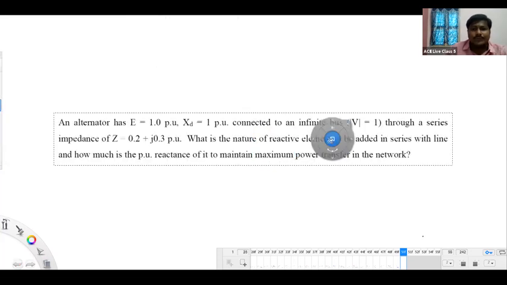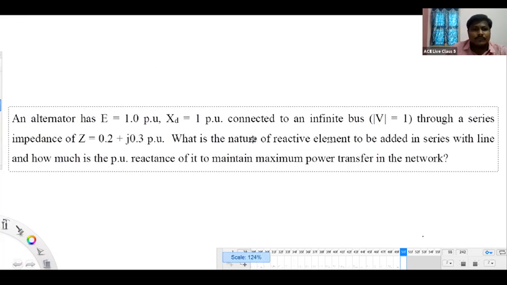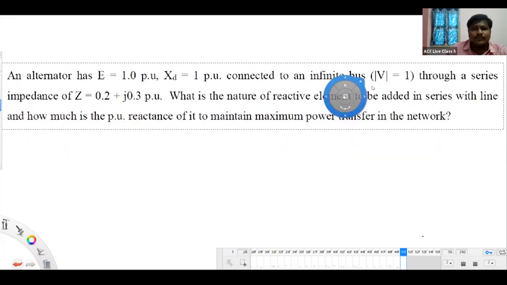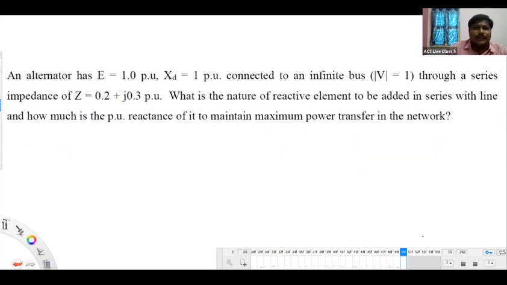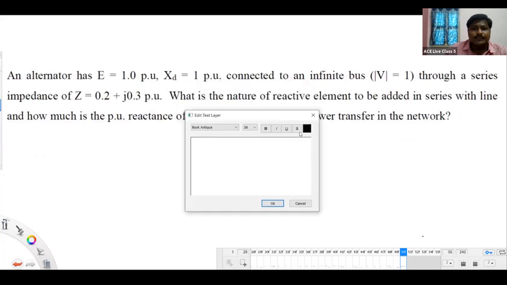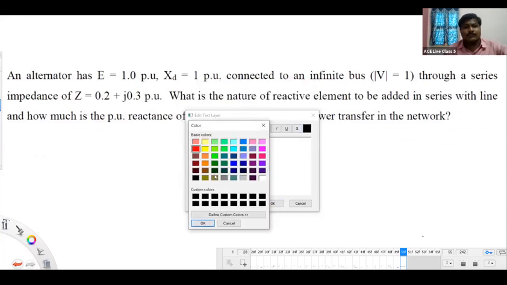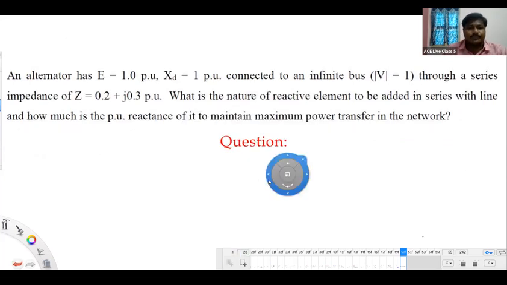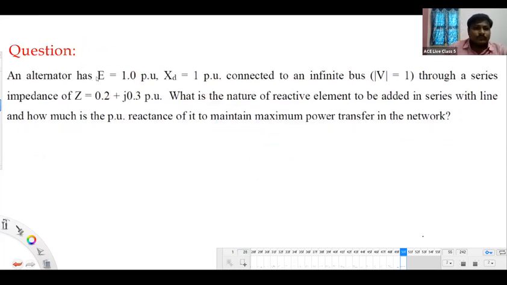So you go through this question. Read this question once. Look carefully what the data we have given.